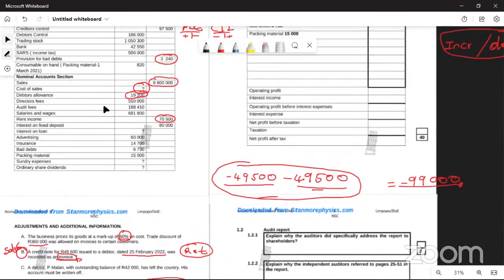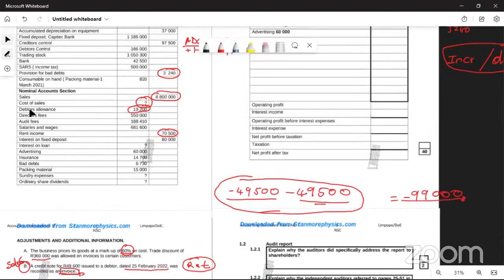The new bad debts on the adjustment. So let's go and check debtors control. Our debtors control figure according to our pre-adjustment is 186,000. So we are going to take that 186,000 rand and subtract our bad debts.